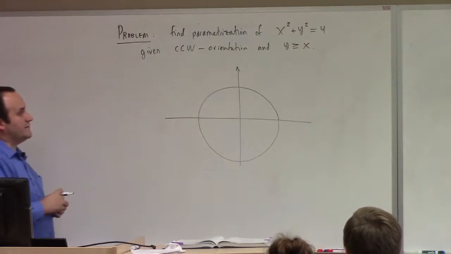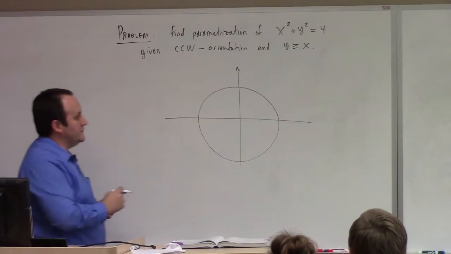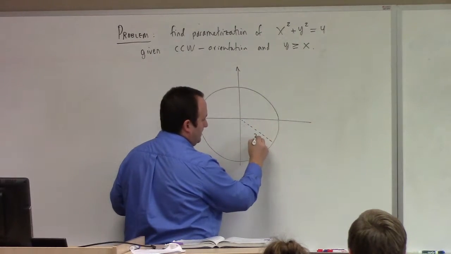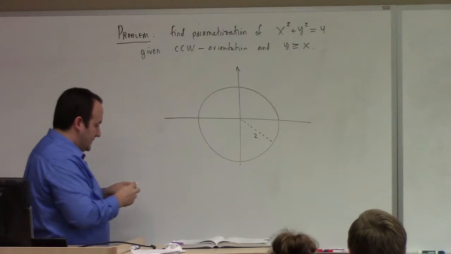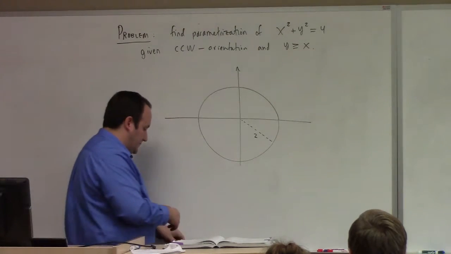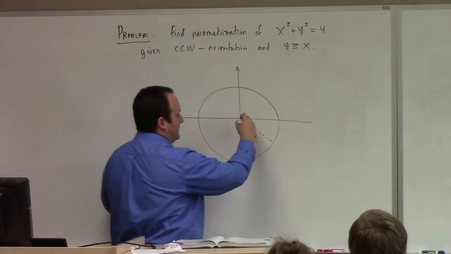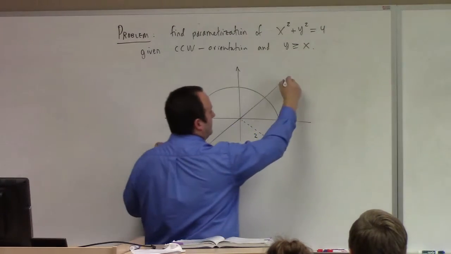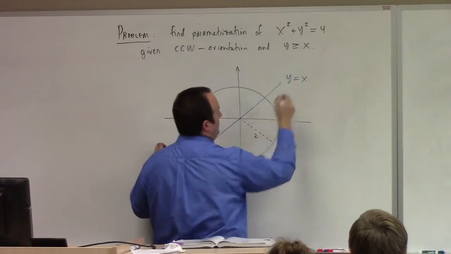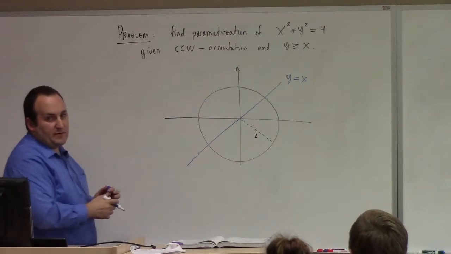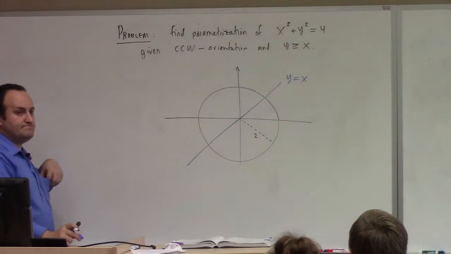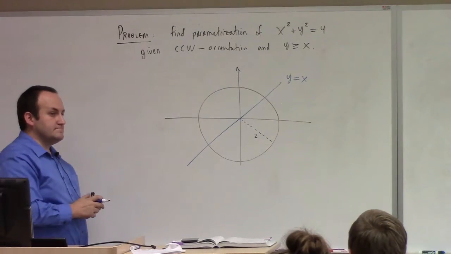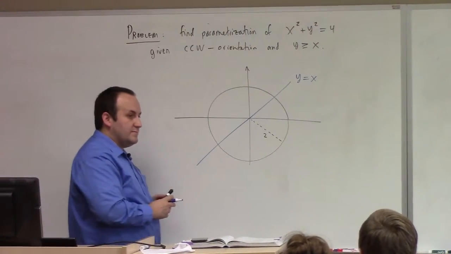And what's y greater than or equal to x? The radius is 2, right? Y equals x, we know what that is, right? No one has trouble with that, right? That's just the line y equals x. Now, if you say y is greater than or equal to x, what side of the line are you on? Below?